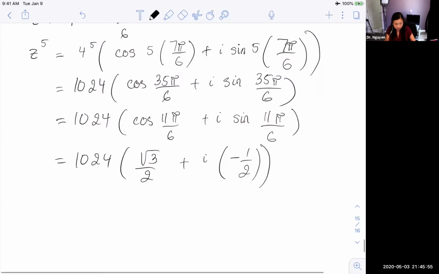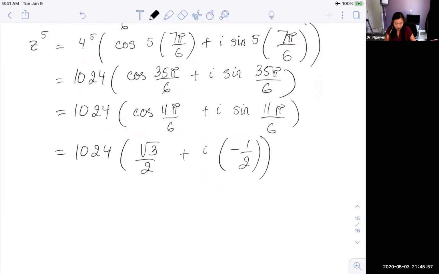So you can distribute if you want. Okay, so if I distribute, I'm going to end up with that divided by 2. So it's 512 radical 3, plus, I'm sorry, it's negative, minus 512 i.